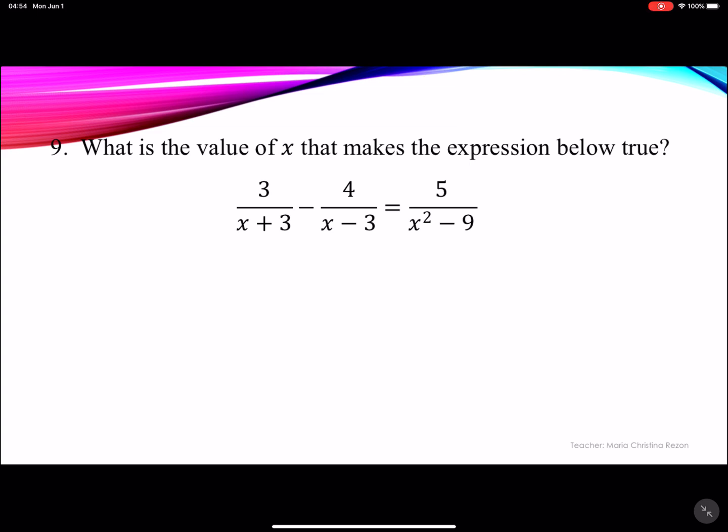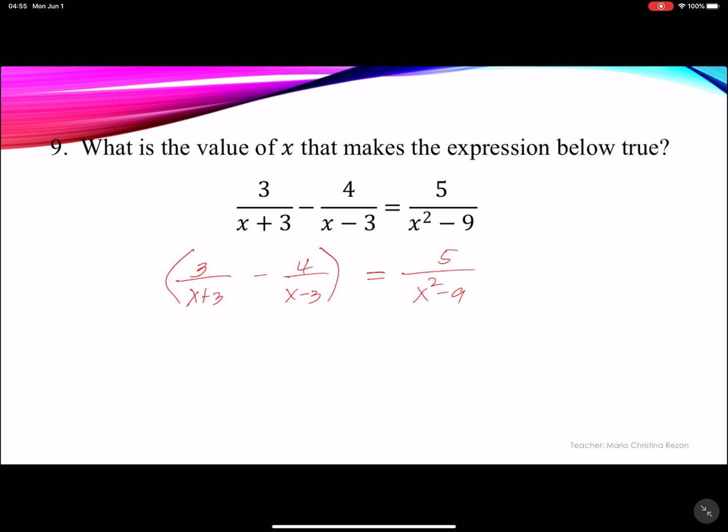So you will have 3 over x plus 3 minus 4 over x minus 3, and that I will group, is equal to 5 over x squared minus 9.